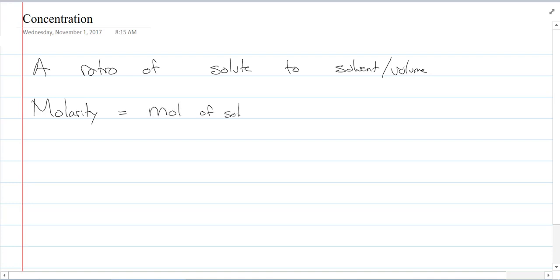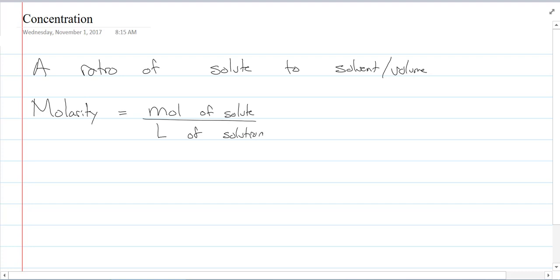We'll be using molarity. Molarity is a ratio of moles of solute per liters of solution.